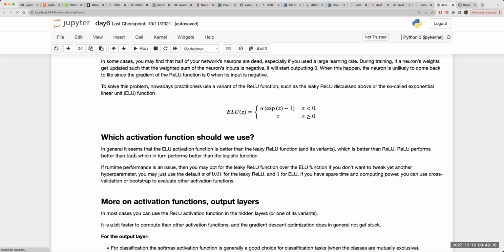But you have to play around with it. The ELU function is typically behaving better than the ReLU family of functions. And the ReLU function on average performs better than tanh, which in turn performs better than the logistic function.